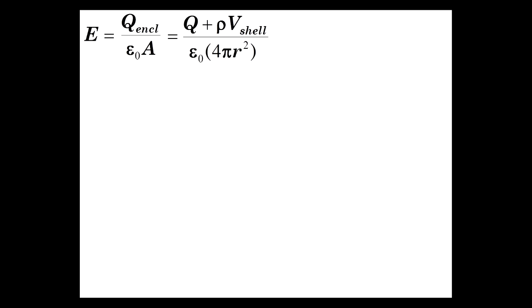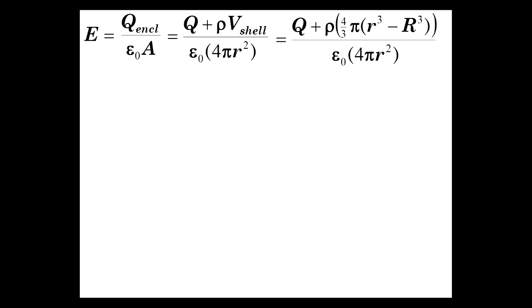So this is key to understand, and then let's just expand that. Well, what's the volume of the shell? The volume of the shell will be the volume of the entire Gaussian surface sphere, which is 4/3 pi r cubed, minus 4/3 pi R cubed, namely the radius of the inner conducting sphere. So take off that volume, and you have the volume of insulating, uniformly charged material, to give the entire amount of charge that's enclosed by the Gaussian surface, over epsilon 0, 4 pi r squared.